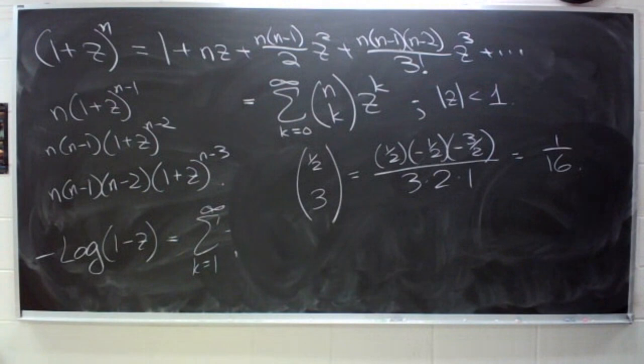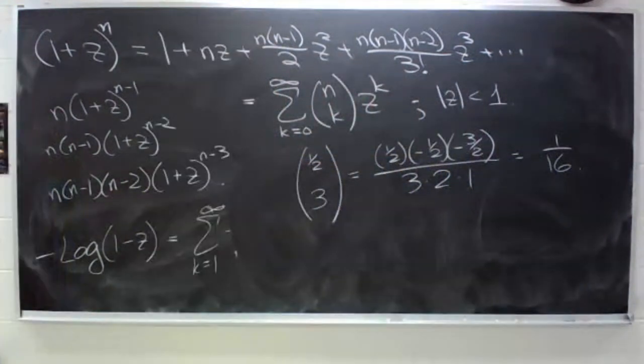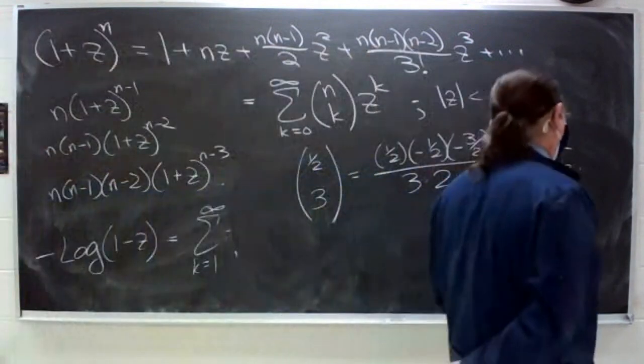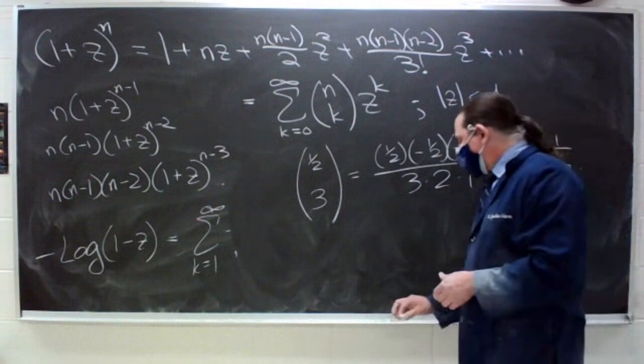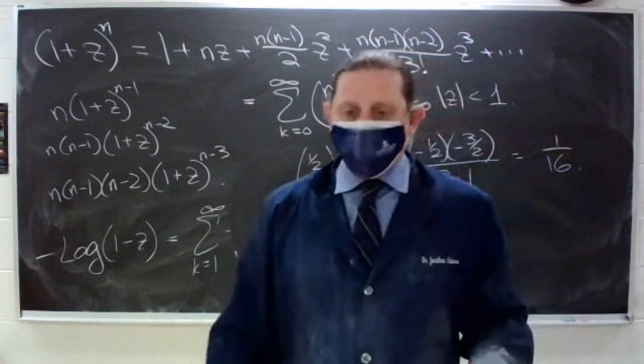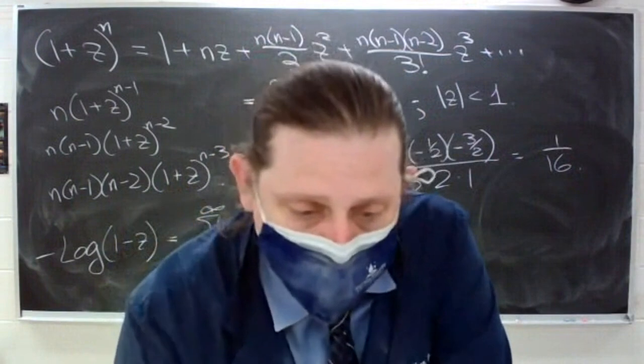All right? 1/2 choose 3 is equal to 1 over 16. It loses all of its combinatorial meaning, but it still represents an effective coefficient in this expansion. All right, so those are the standard expansions you want to be aware of.